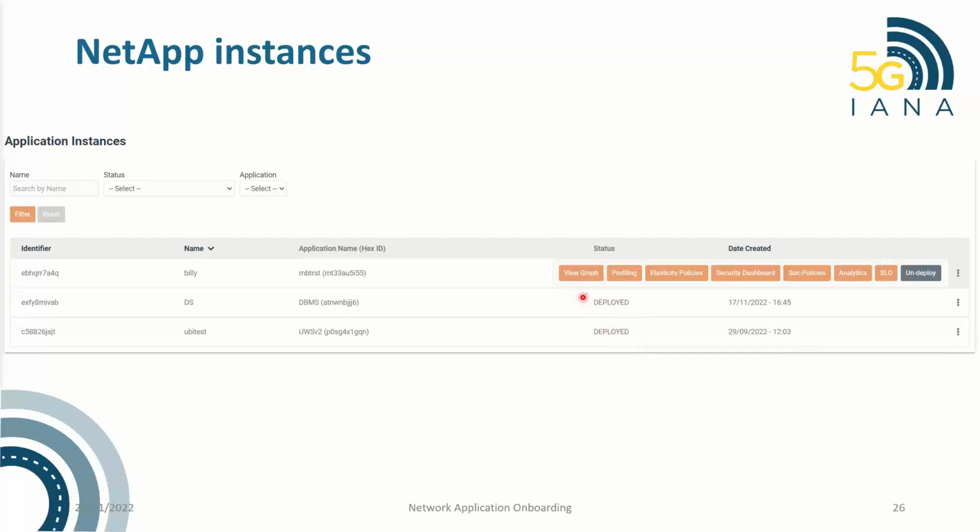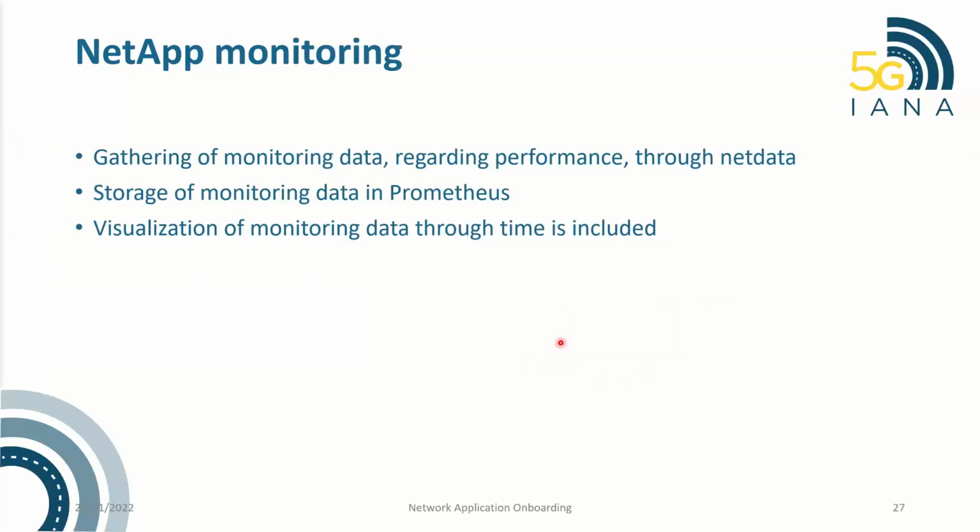Since this is done, we can then see a number of different things, for example, we can again view or edit the graph and do some profiling of the elasticity policies, and these are the policies that we'll talk about, or simply go through also the monitoring phase. Then the final part for the running applications is the monitoring.